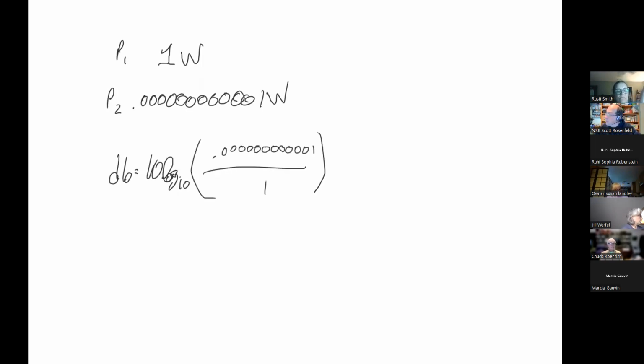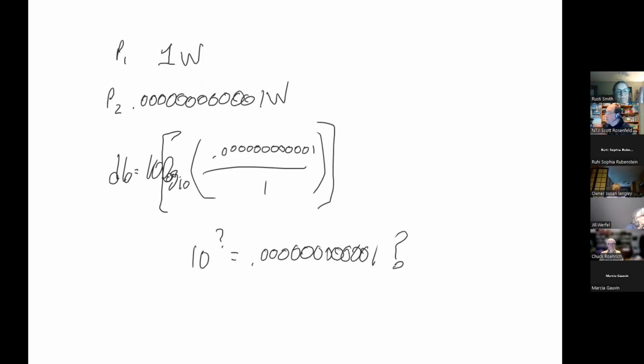So this is your P1, this is your P2. Let's figure out how many decibels are lost here. So dB is equal to 10 log base 10 of 0.00000000001 over 1. Well, the question then is this log base 10 of that. That means 10 has to be raised to what power to get 0.00000000001?